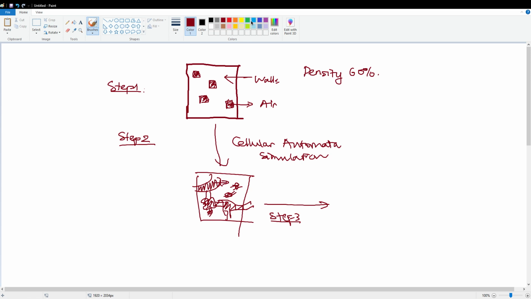In this specific example, I'm just gonna say this is region 1, region 2, 3, 4, this is 5, and this is 6. What we want is to get rid of regions 2, 3, 5 and 6.